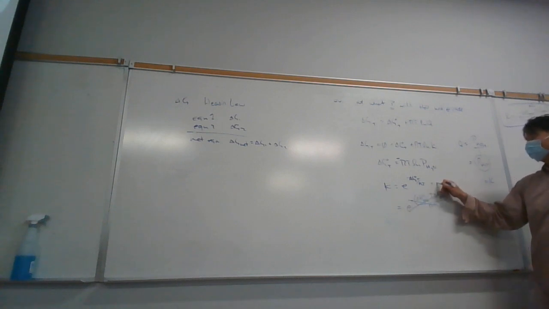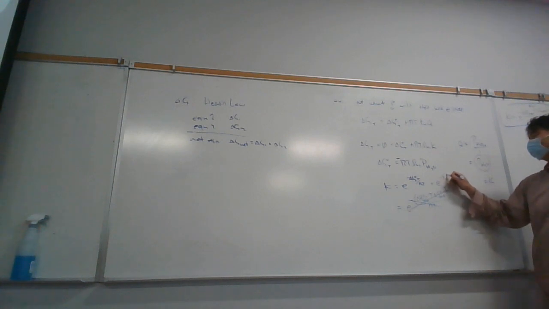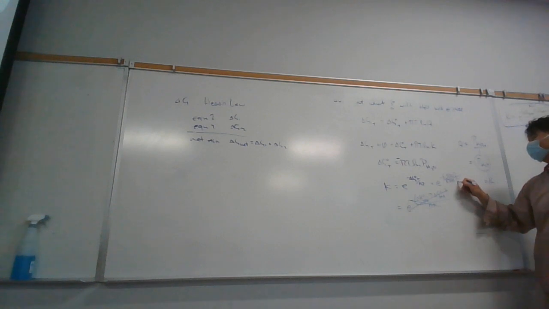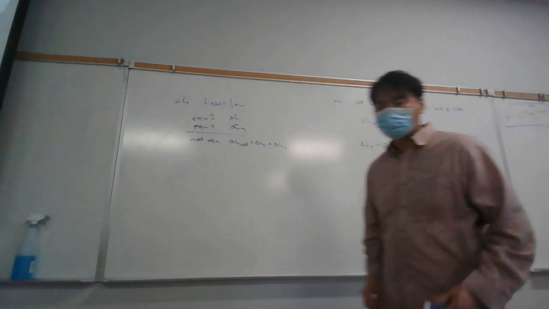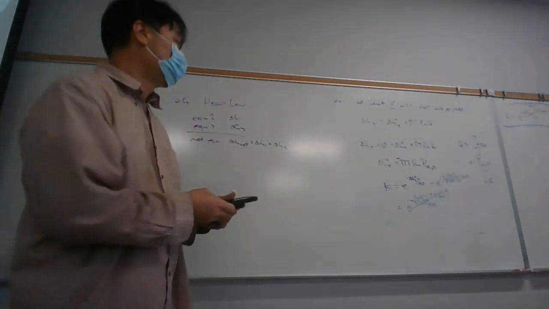And so this is going to come out to e to the minus 8.5, well, 8,500. We'll just go ahead and convert it: 8,500 joules over 8.3145 joules. Let's see what that comes out with.